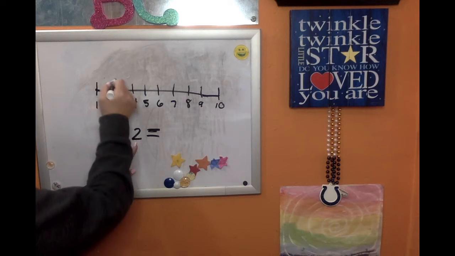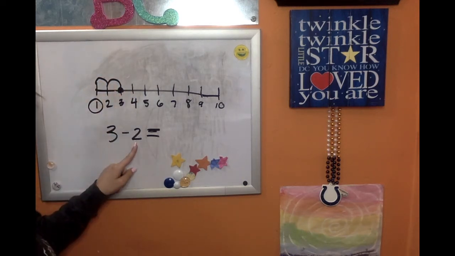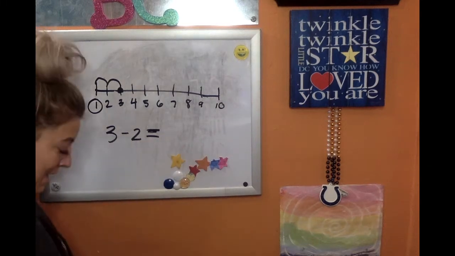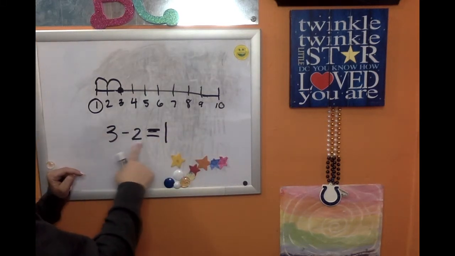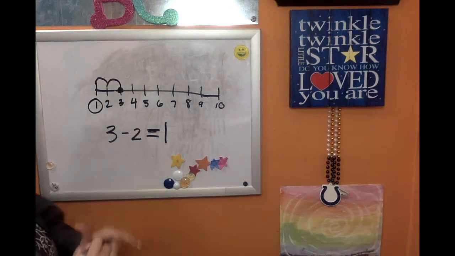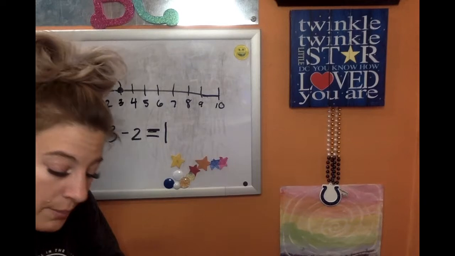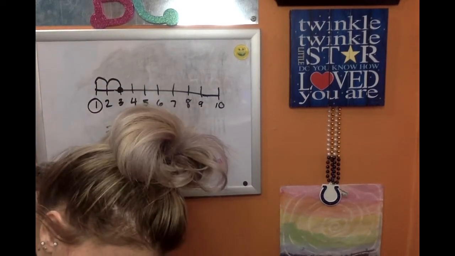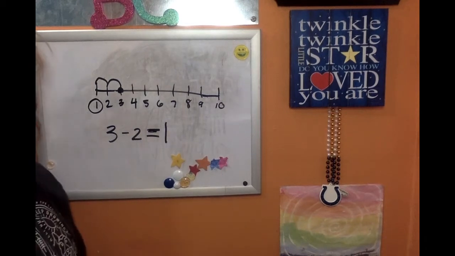Ready? 1, 2. What did we land on? 1. Whew, I just threw my marker. 3 take away 2 equals 1. Don't forget to write it on your paper. 3, 2 hops backwards. That equals 1.